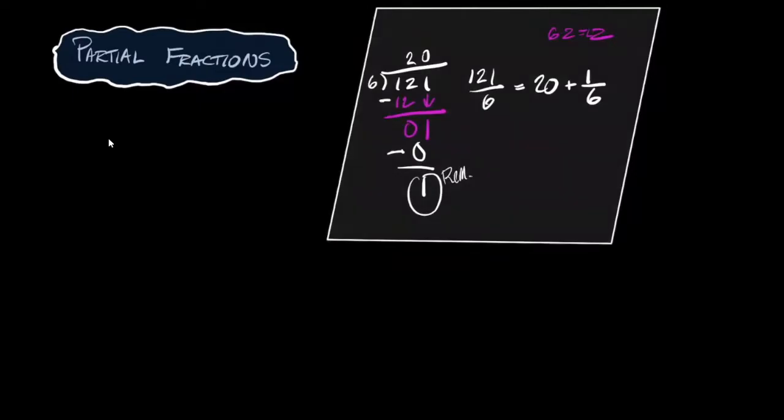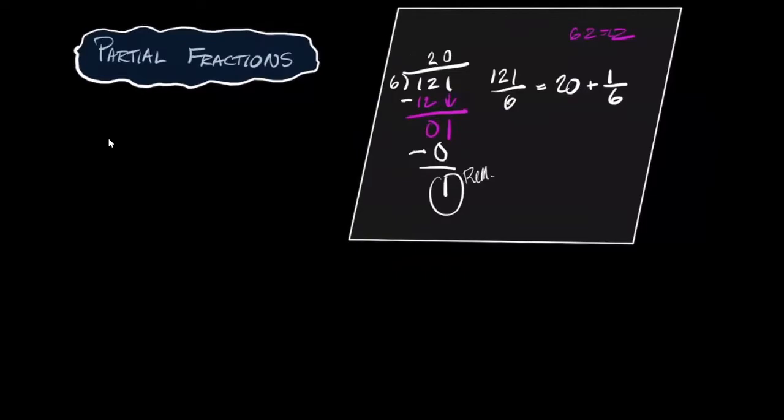Now let's do one more. Say we want to divide 5 into 6,284.